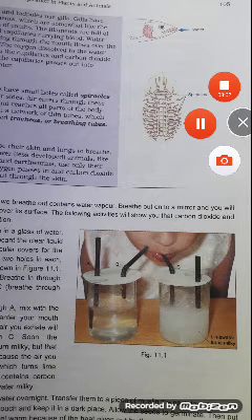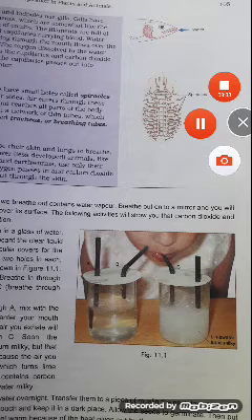Water entering through the mouth flows over the gills. The oxygen dissolved in the water enters the capillaries, and carbon dioxide from the capillaries passes out into the water.